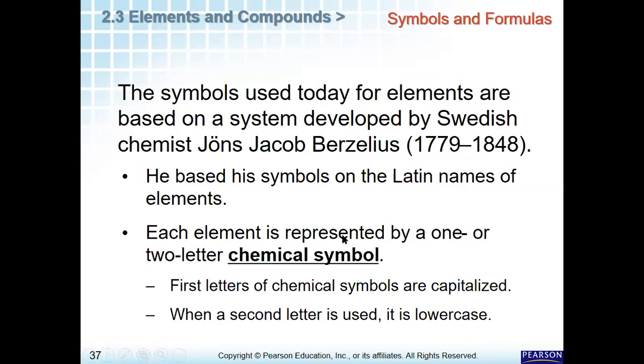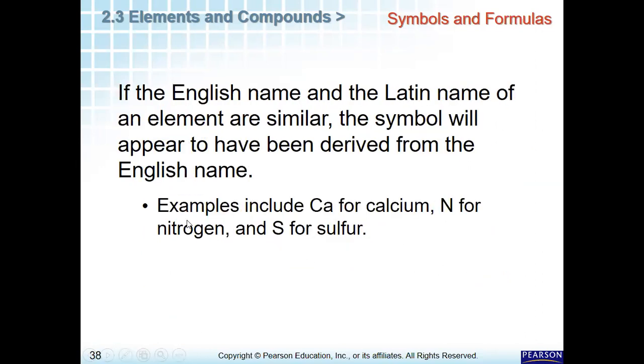Each element is represented by one or two letters, the chemical symbols. The first letter of the chemical symbol is capitalized, and the second one, if there is one, will be lowercase, or as we say, a small letter.